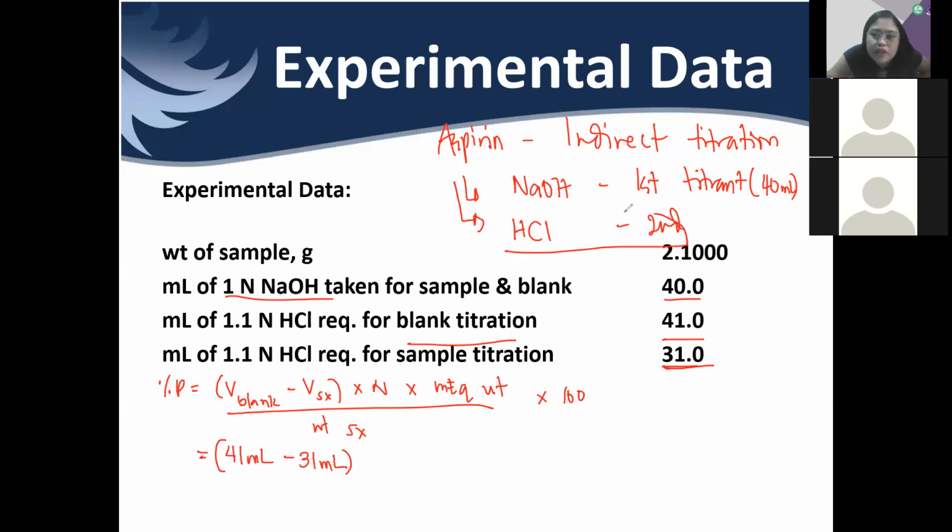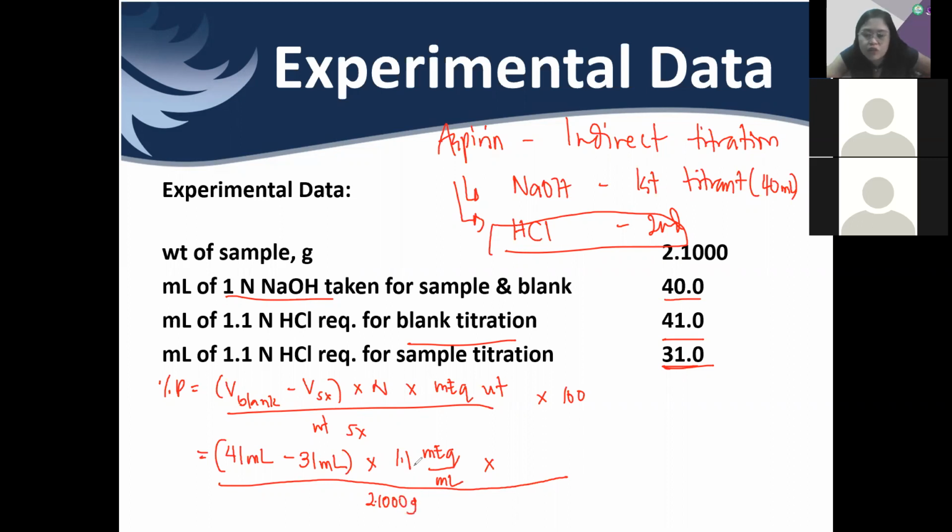We are talking about the second titrant here. For blank titration, we are not going to use the normality and the volume of the first titrant. So this is 1.1 mEq per mL, times the milliequivalent weight, which we are yet to compute, and then the weight of the sample used was 2.100 grams, or just 2.1, times 100.